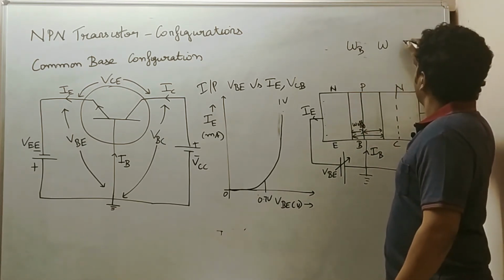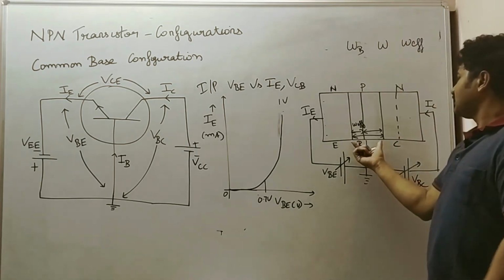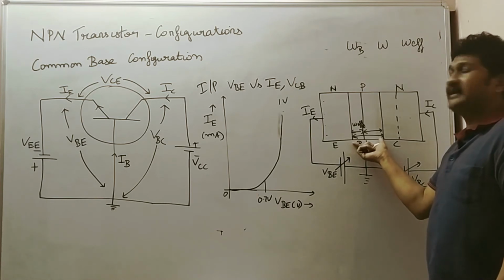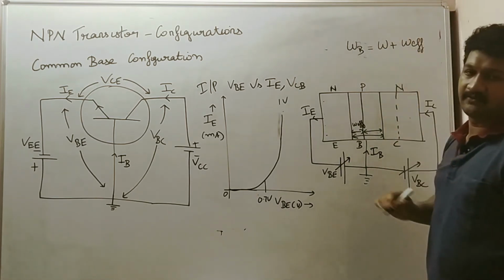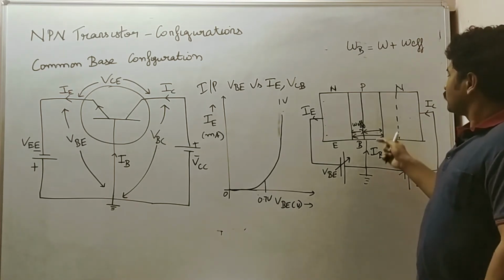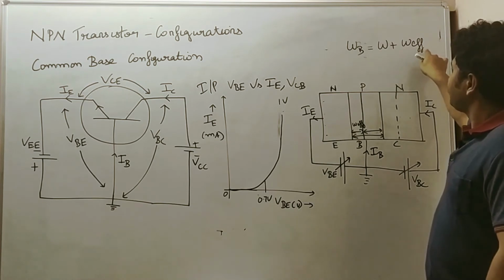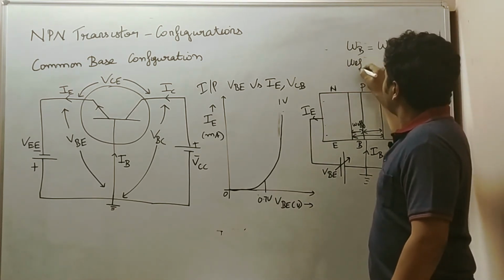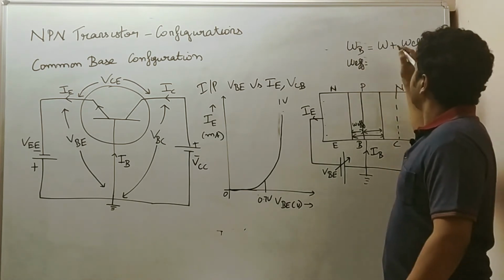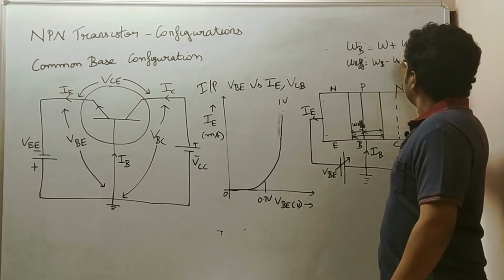That is WEFF. The total width is WB of the base region. So WB is equal to W plus WEFF. WEFF is the parameter we have to consider. If you write the equation based on WEFF, it is WB minus W.